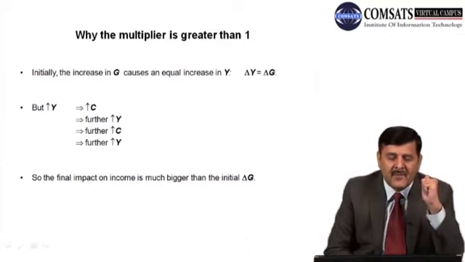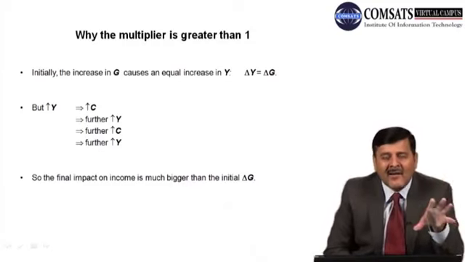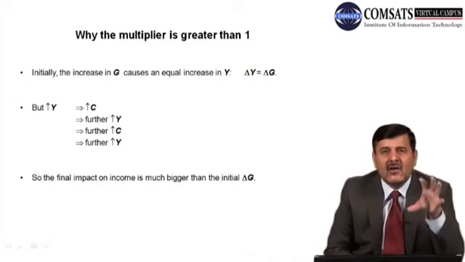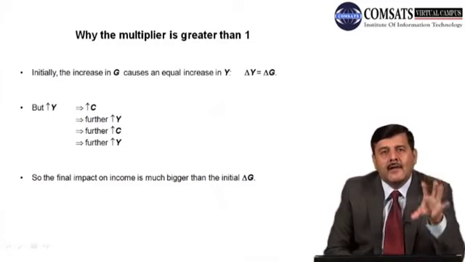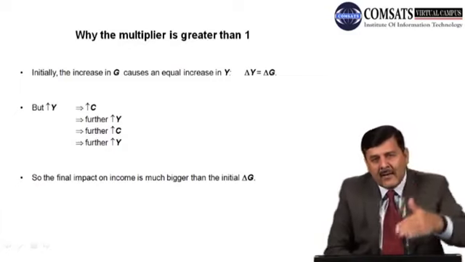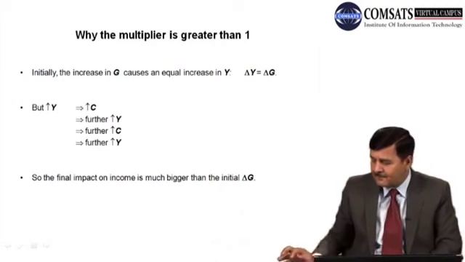This process goes on and the final impact on income is much bigger, is much larger than the initial change in government purchases, right? So that's why we call it the government purchase multiplier, or the multiplier effect, that income goes up more than the change in government purchases.